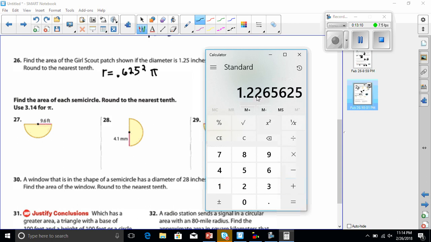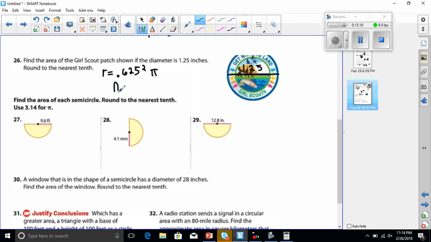If we're going to round this to the nearest tenth again, it's really just going to be 1.2. So our area equals 1.2. Okay. And the next one's going to be number 28.